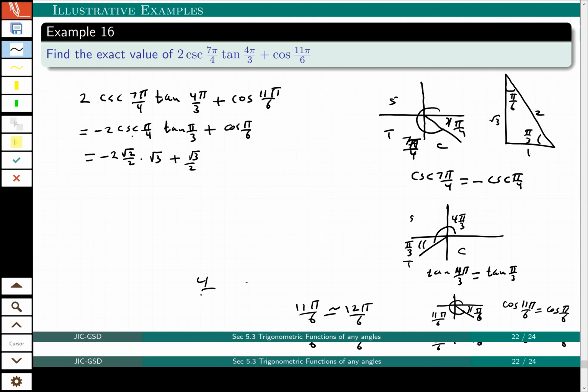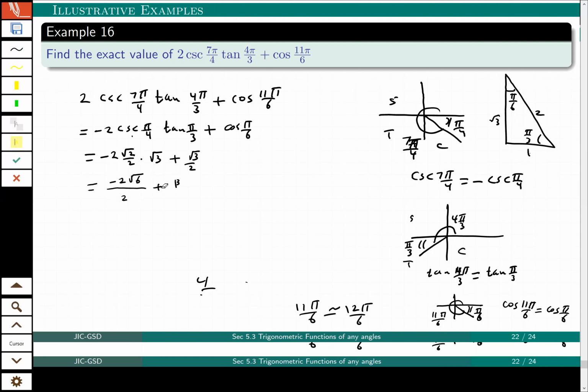So plus, we said here, oh, what's written? So that is equal to the expression over 2 minus 2 root 6 plus root 3 over 2.